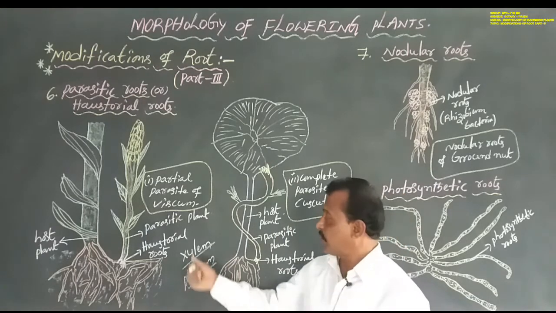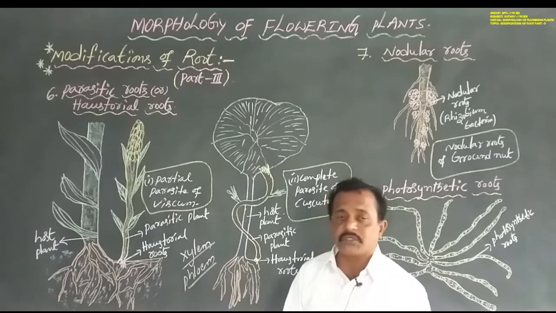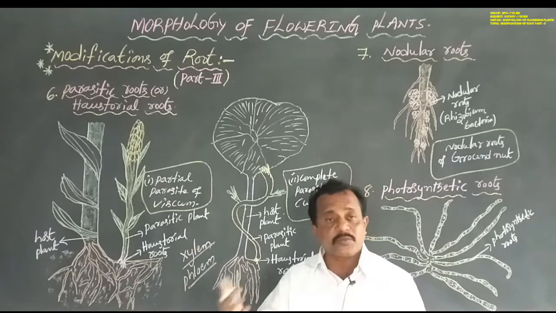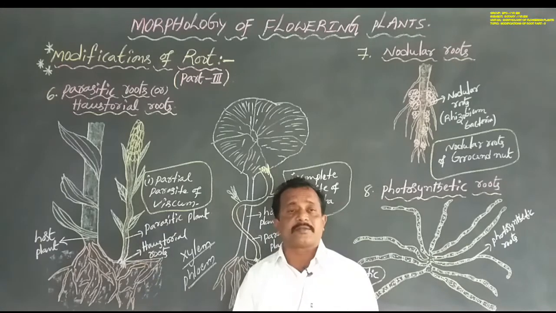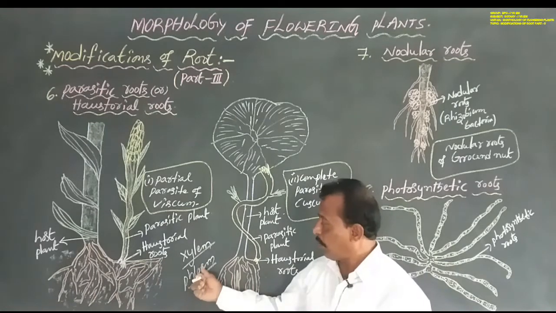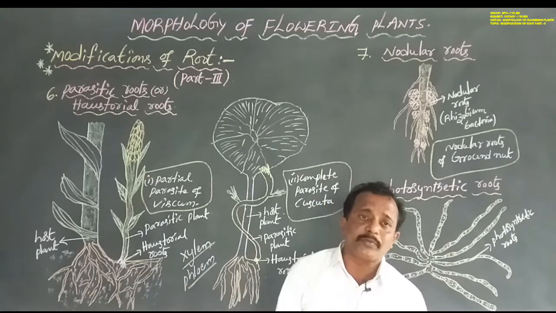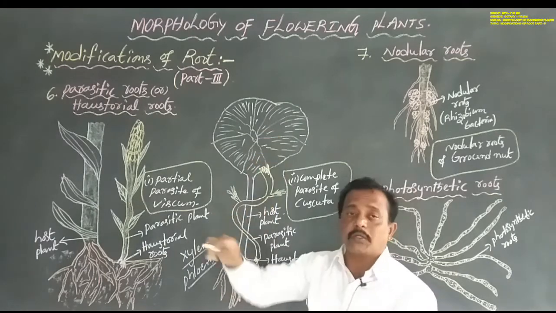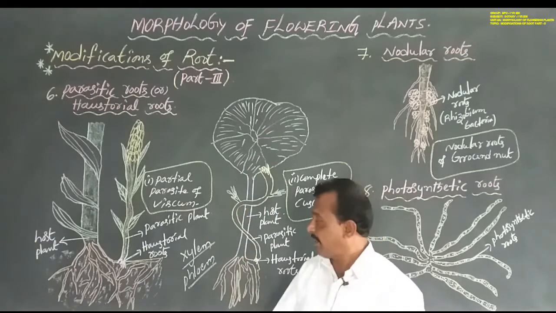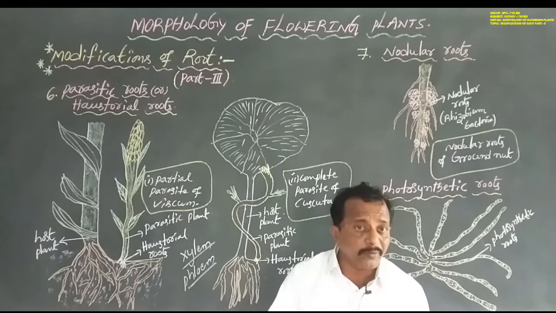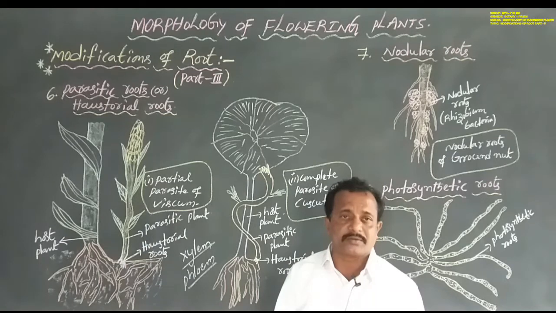The first vascular tissue is xylem, the second is phloem. The xylem always transports water and mineral nutrients from the root part to the entire plant body. The phloem always transports food material from the leaves to the rest of the plant body.